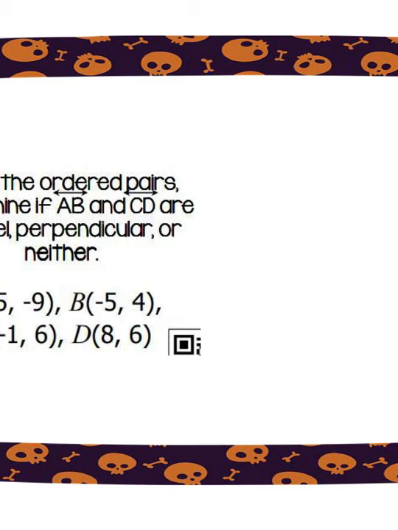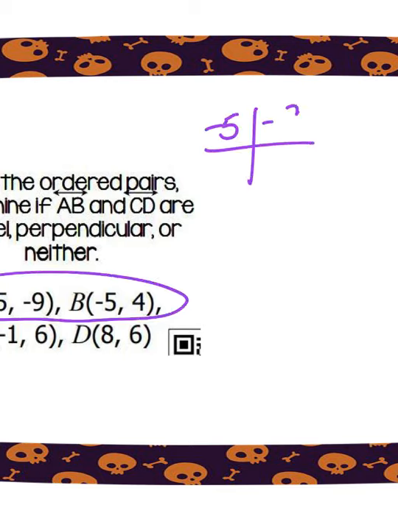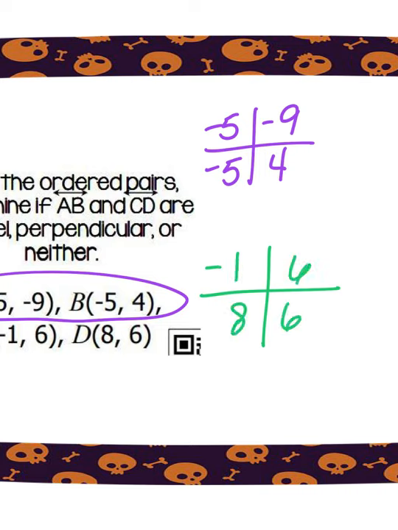For the next one, ordered pairs, setting up my little table so I can find my slope. Okay, so in this case, I'm going to start with my change in y.